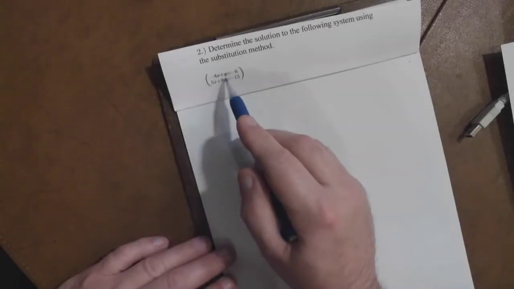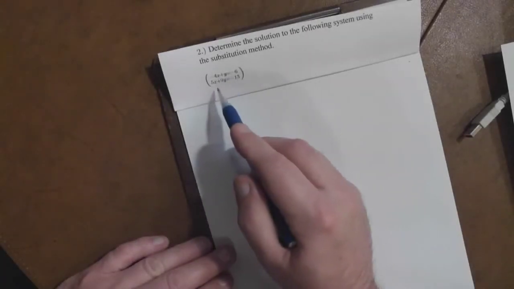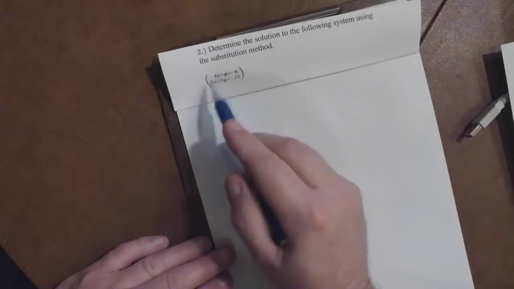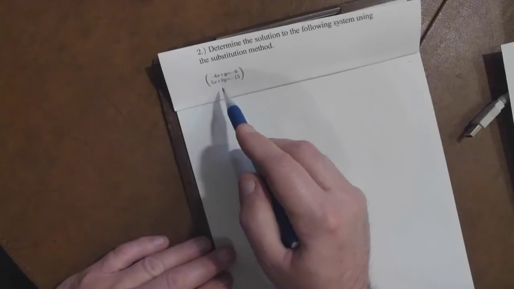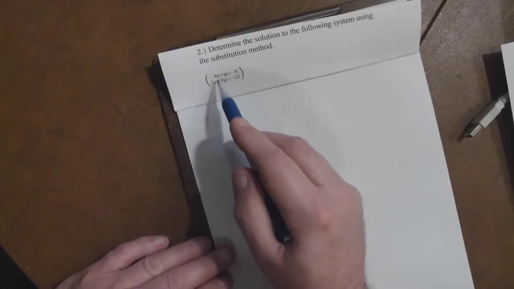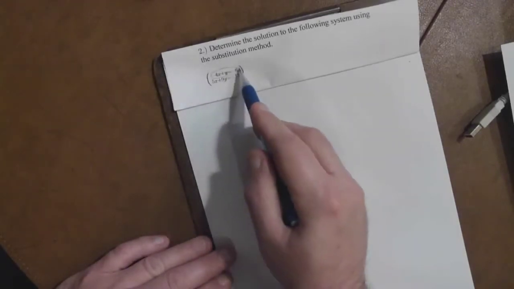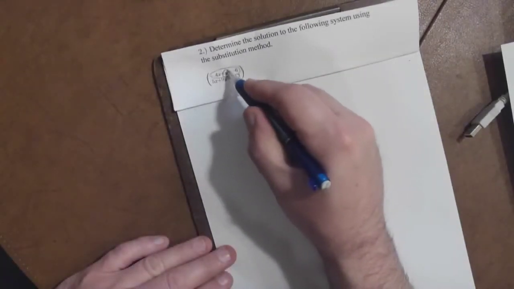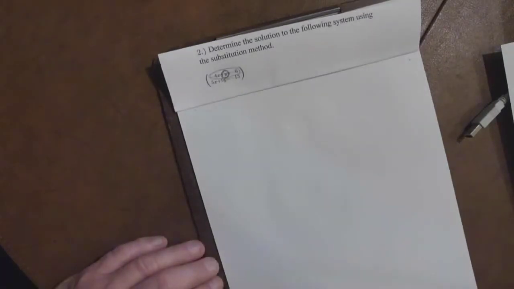So here we have 4x plus y equals negative 6, and we have 5x plus 9y equals negative 13. Now, out of these two equations, the one that we might solve for its variable might be this first equation. And because y is happening all by itself with no other constant multiple out in front of that value of y, we might consider solving for just that value of y.